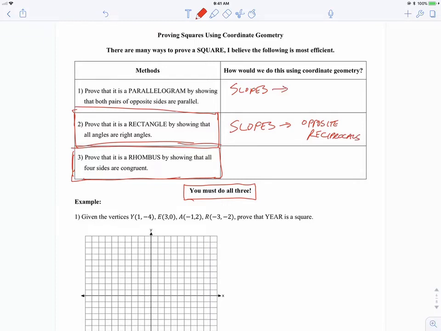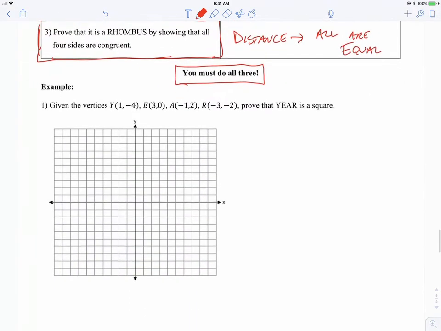For the parallel ones, the slope should be exactly the same. Then to prove that all four sides are congruent, we need the distance formula, which will show that all the distances are equal. Really we only have to do 2 and 3, but we're going to end up doing all three anyway, because it's a square. It's got all that stuff.